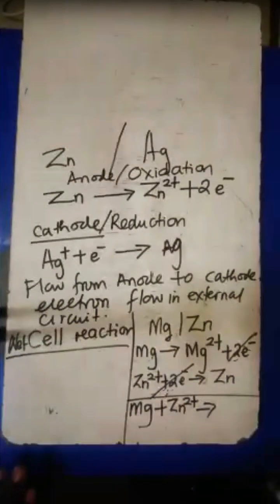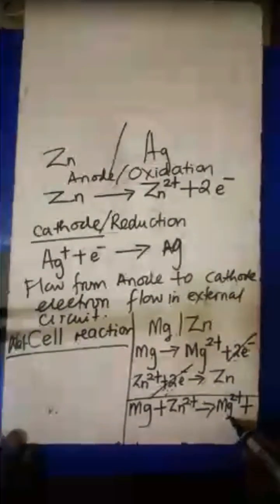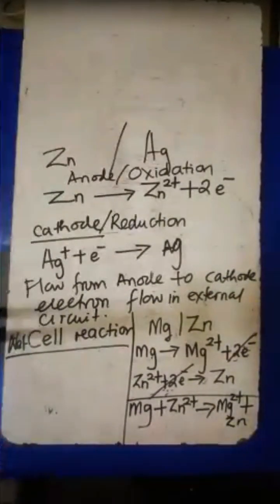On the right-hand side, Mg2+ and Zn. I want to explain this one again. Net cell reaction. Net means total. You are combining the anode, which we did, and the cathode. You get what you call the net cell reaction. If the electrons are the same, they cancel each other: 2 lost, 2 gained.